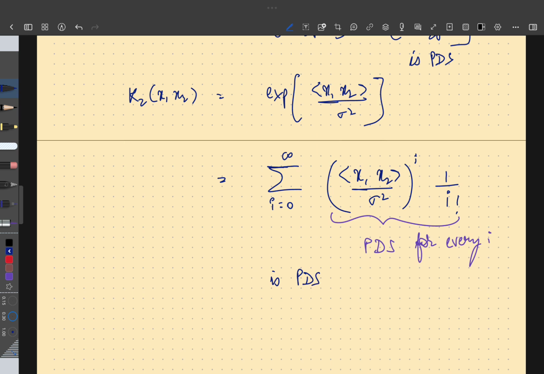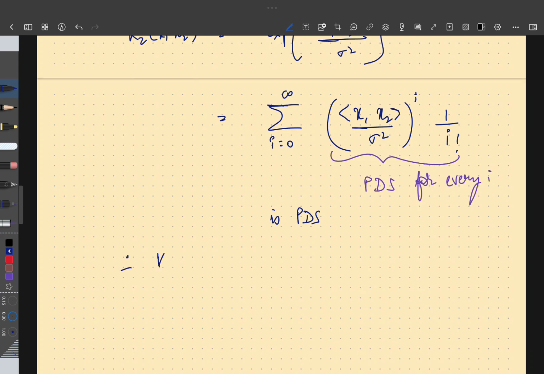Therefore, this is PDS. And since K1 and K2 are both PDS, their product is also PDS. So that's one approach to show that the Gaussian kernel is a PDS kernel.